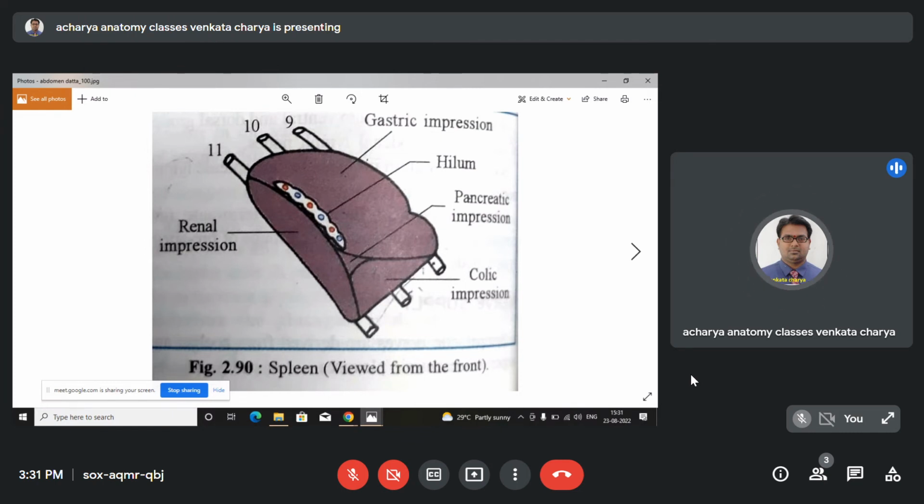First, the upper surface is related with the stomach. The lower surface is related with the left kidney and suprarenal gland.